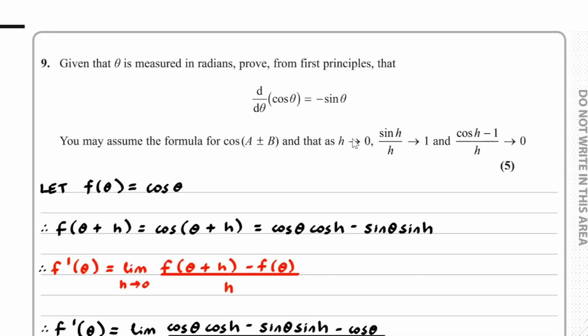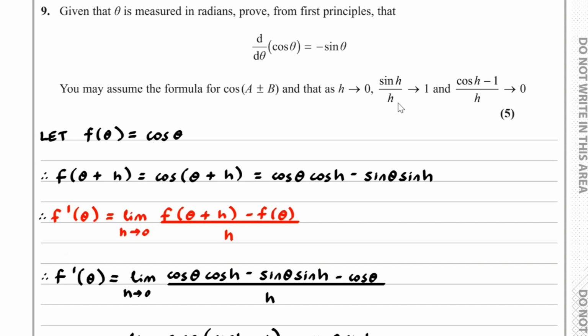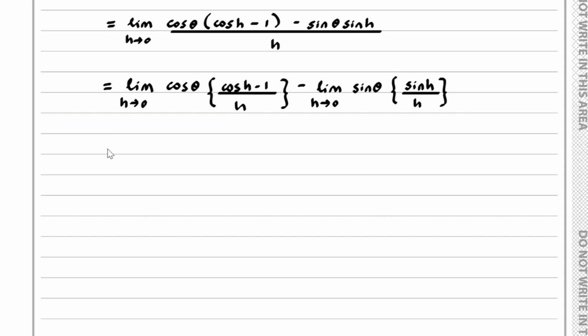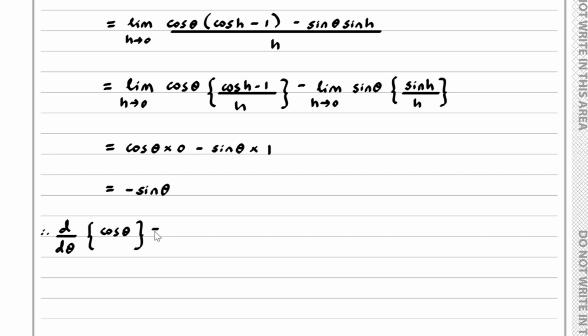Now, we know that as h tends towards 0, sin h over h tends towards 1, and cos h minus 1 over h tends towards 0. So, I've got cos theta times 0 minus sin theta times 1, which is negative sin theta. And therefore, with respect to theta, the derivative of cos theta is negative sin theta.